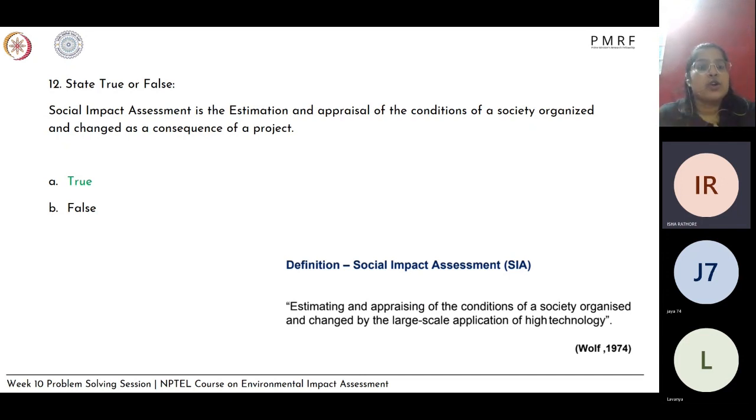So if you remember, we talked a lot about the impacts of population change because of migration of worker forces or people coming towards developing the project and the demands it puts on the local services. So you see that the statement was true, and this is the actual definition given for social impact assessment from one of the sources. So the correct option is A, true.